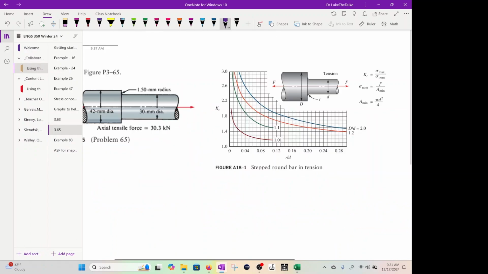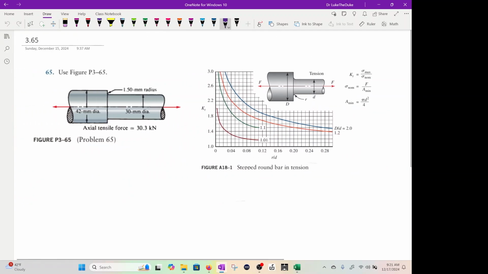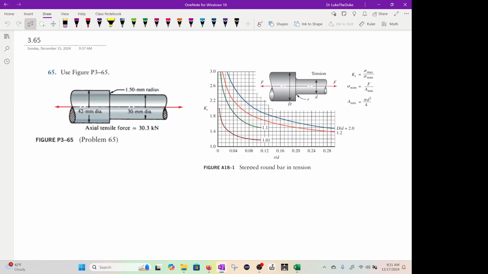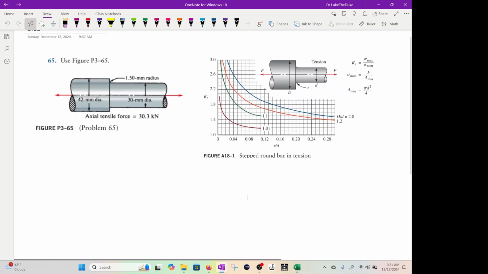Let's look at a slightly different example. Here we have axial tensile force. Again, this is from the appendix. We have these equations over here.